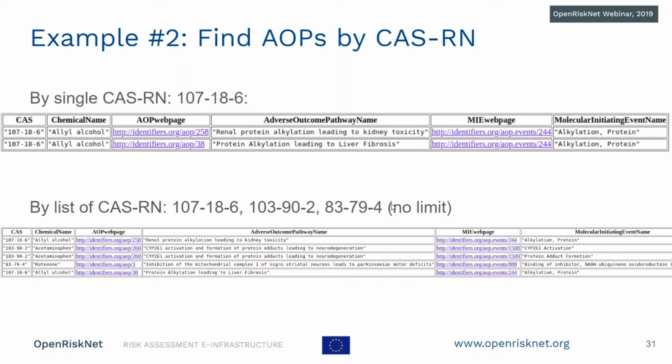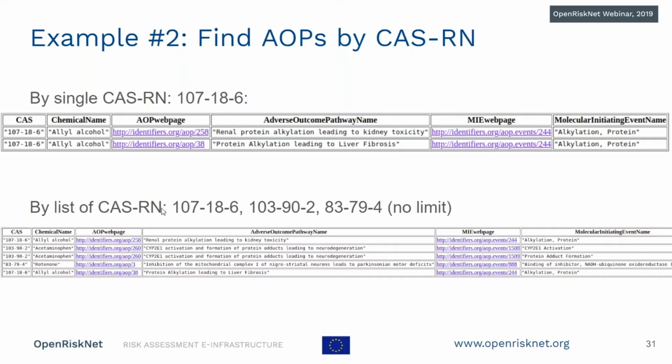And this is a really powerful way of extracting information, because this is not possible to do in one single way in the AOP-Wiki. One has to find the stressor, find all the pages that are related to it, and read all of the information about the chemicals.